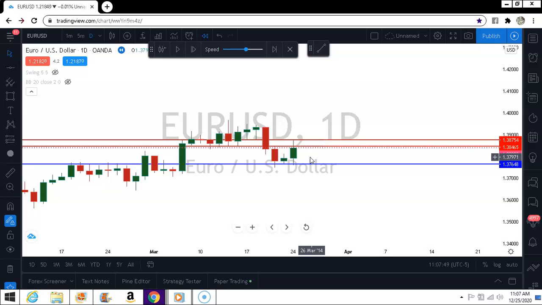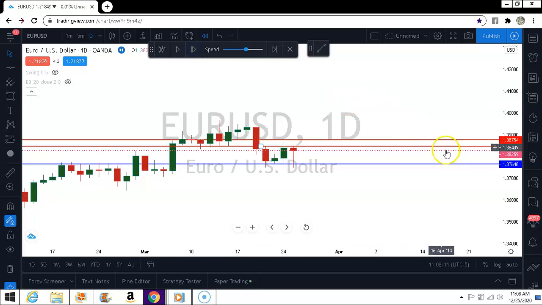So I'm just not going to call it yet. I want to say that price is going to sell. But this green body right here, now I want to say that price is going to buy. So I'm conflicted. I won't place a call.